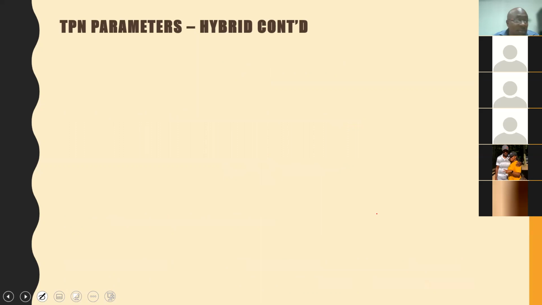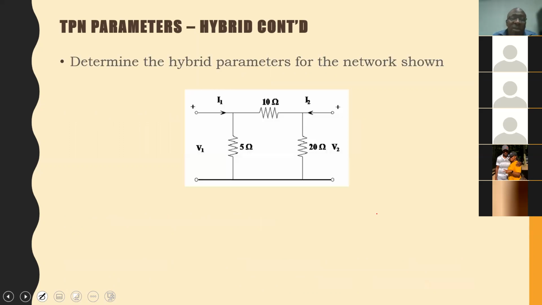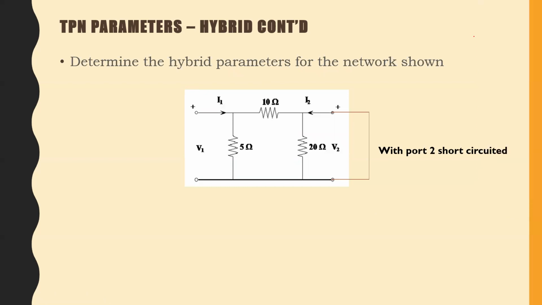All right, so let's go back to our little network. That's our network. And we want to find H11, which is V1 over I1 with V2 being equal to 0. So let us short circuit the port. So I've just short circuited the port. And now we are going to find H11 with the short circuited port.